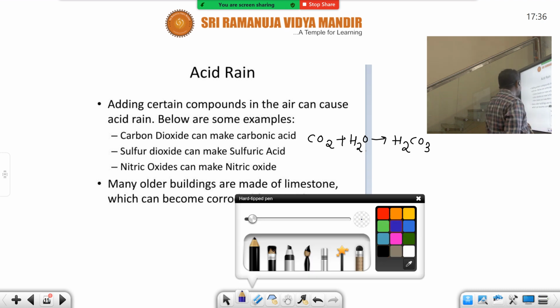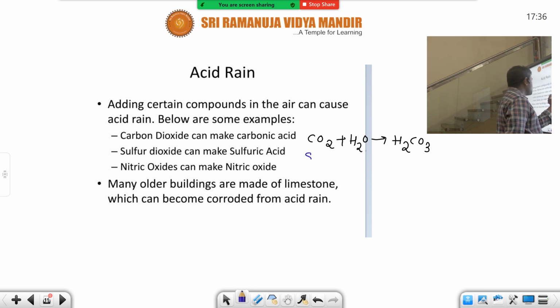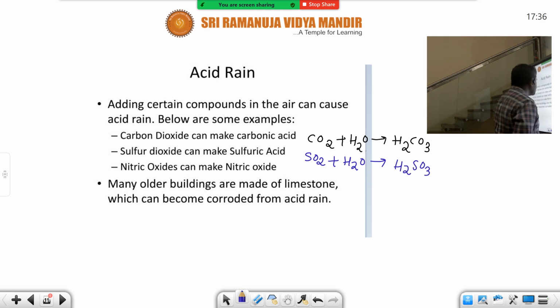And again, sulfur dioxide: SO2 plus H2O gives rise to H2SO3, that is sulfurous acid.